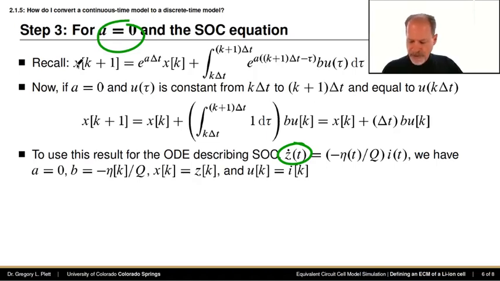And then I also have, in the state of charge equation, minus eta divided by q times I. You say, oh, well, negative eta over q must be the b parameter.